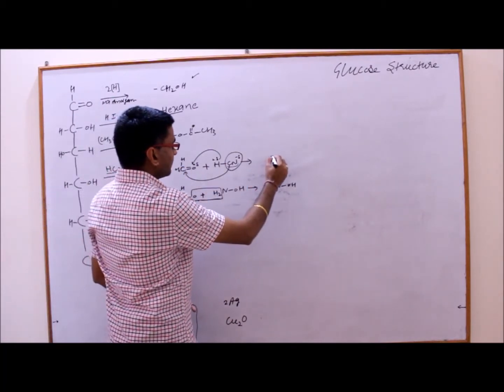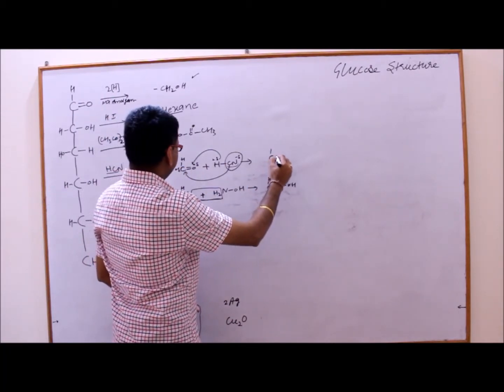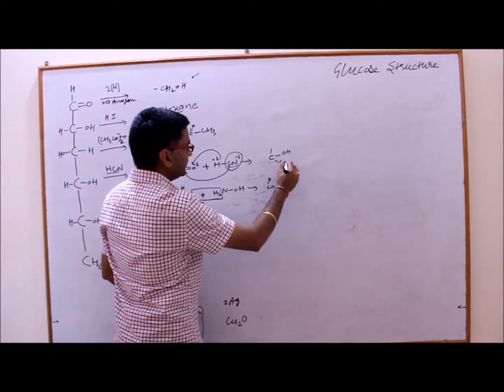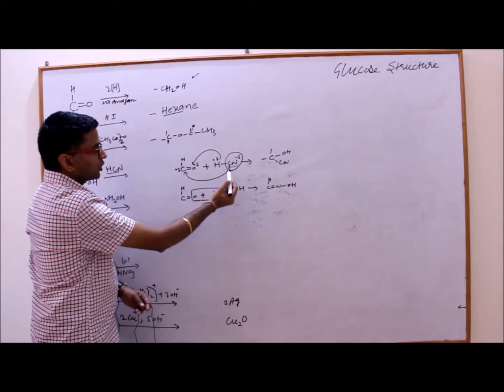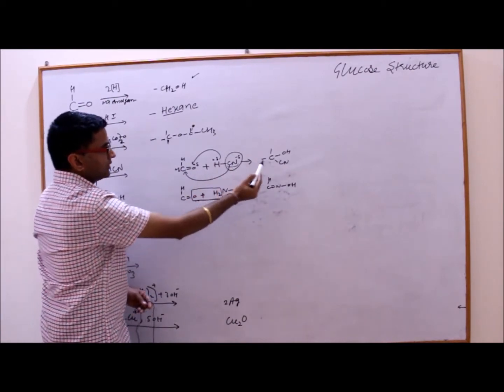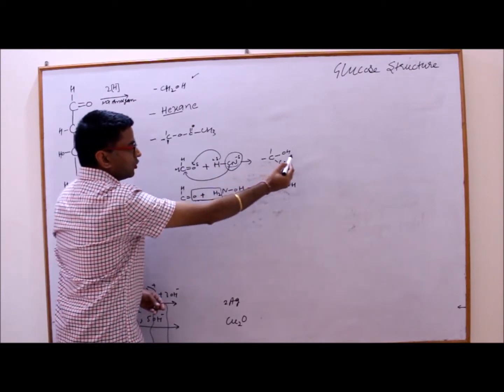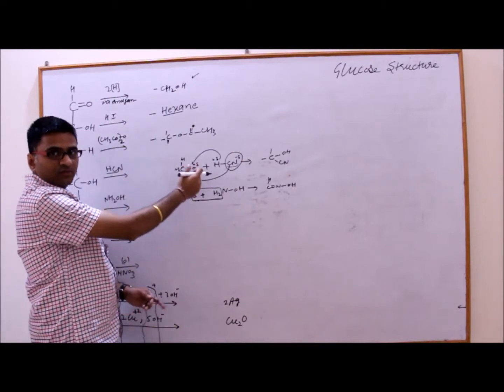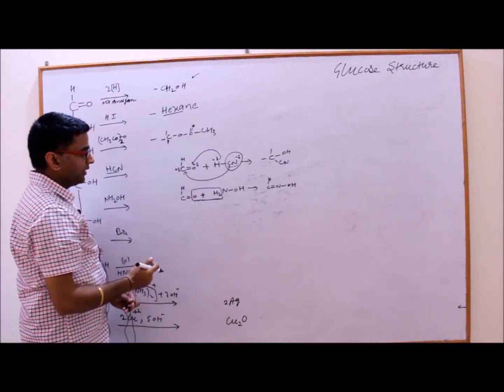So we get a molecule like C with OH and CN. Both entities, CN and H and OH, get added to the carbonyl group. Because HCN reacts with aldehyde, this further confirms that the molecule has an aldehyde group in it.